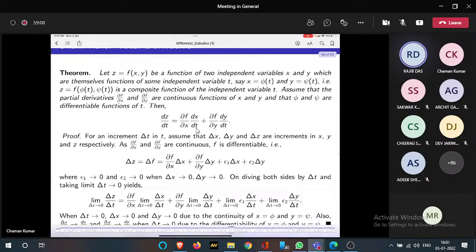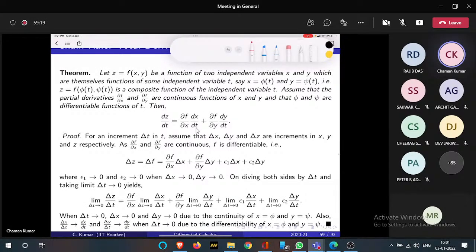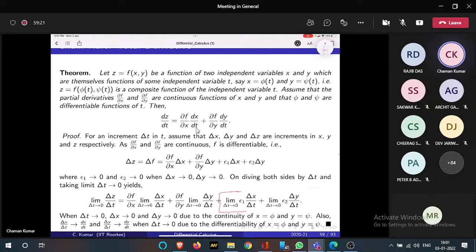Sir, can you please again explain why epsilon 1 times delta x by delta t is equal to 0? Okay, this quantity can be written in two parts: the limit as delta t goes to 0 of epsilon 1, times the limit as delta t goes to 0 of delta x by delta t.